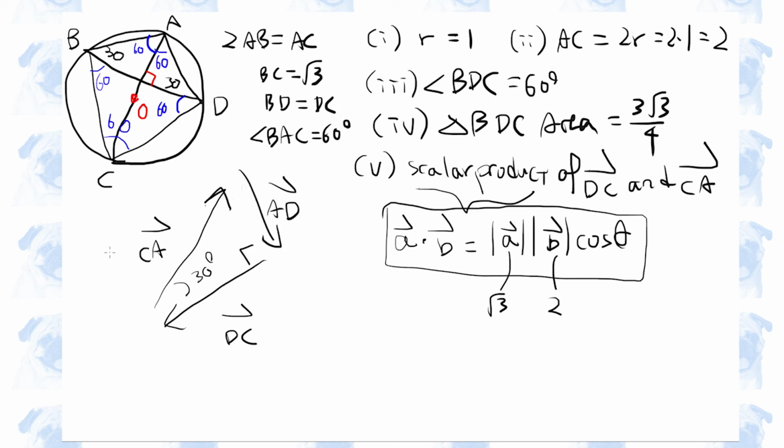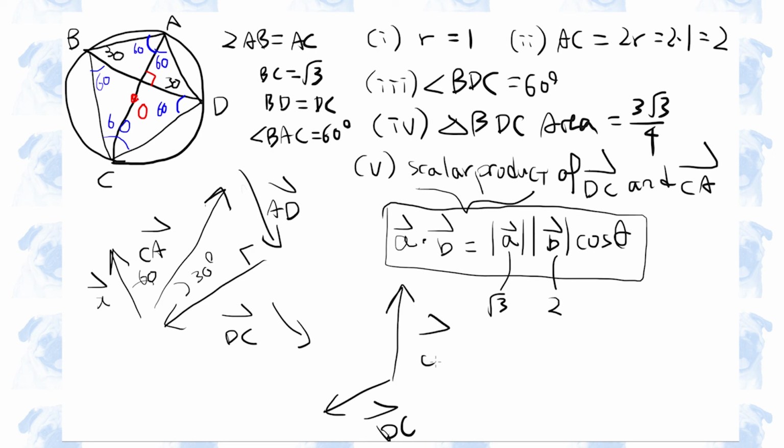And let's draw a vector here which is parallel to vector AD. The angle here must be 60 degrees. And now let's move vector CA here, like this. The angle here is 90 degrees, and the angle here is 60 degrees. So the angle between the two vectors is 150 degrees.